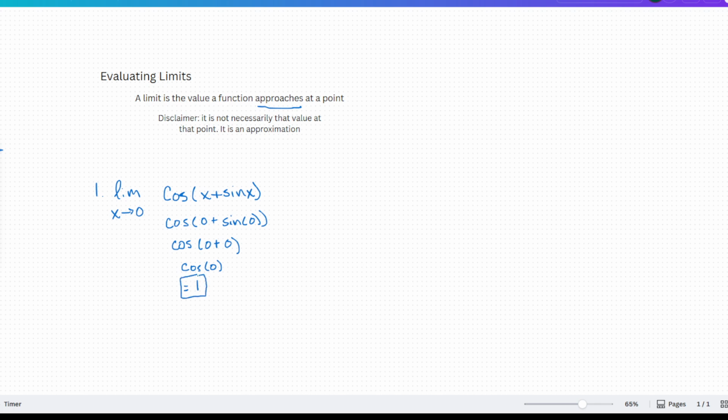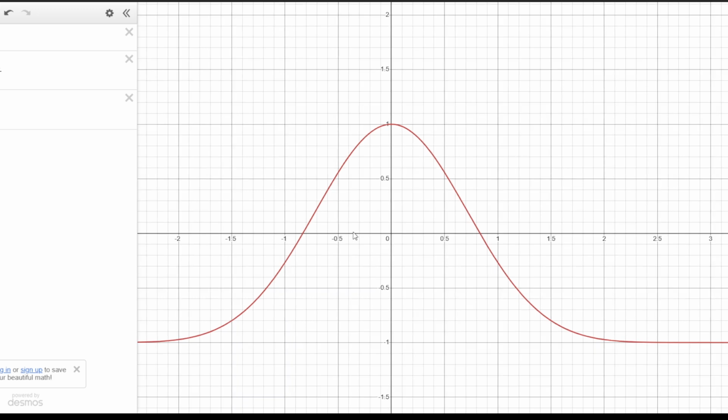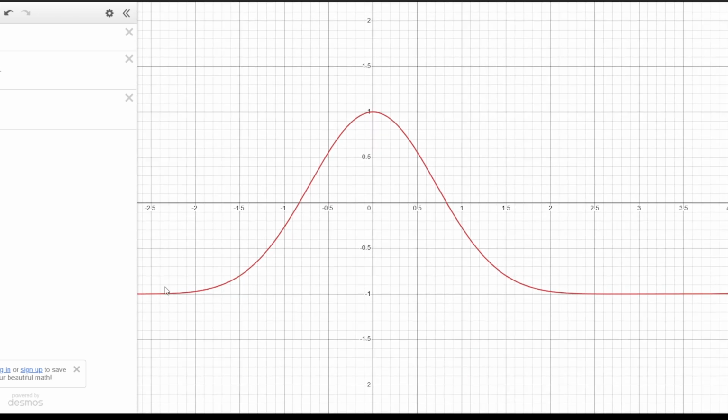So what we see here is that as this limit is approaching 0 on the x-axis, it's approaching 1 on the y-axis. Taking a further look on our graphing calculator, we have the function cosine of x plus sine of x.